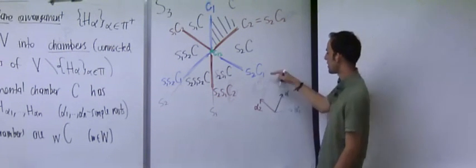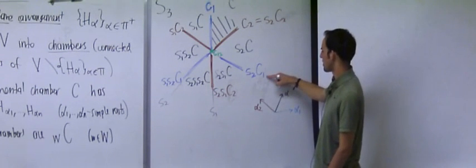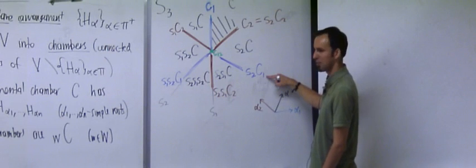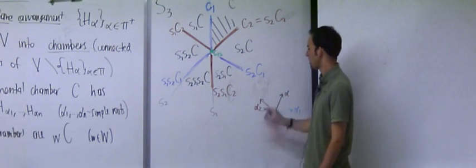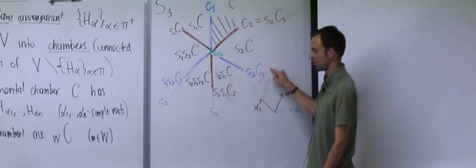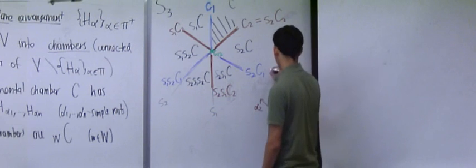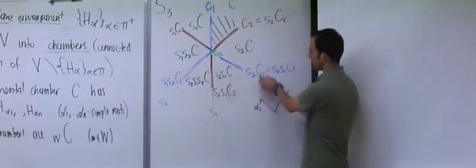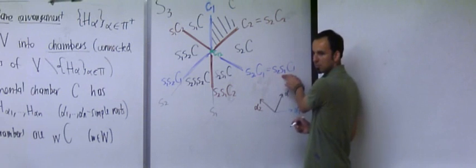Or for example, this guy can also be called, I think, S1. I think this is S2, S1, C1. One easy way of seeing that is that C1 is S1, C1, etc.